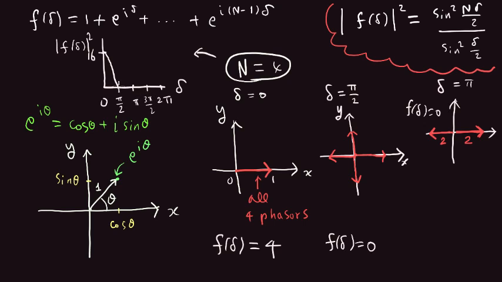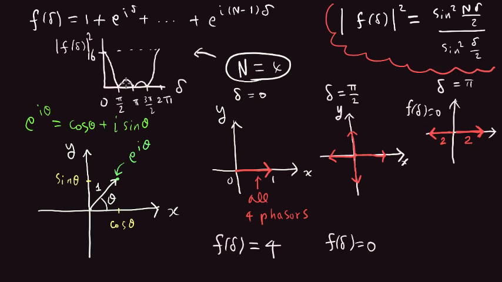So it's all 0. And then you get small blips here. And then it goes back to 16 when delta equals 2 pi, because angle 2 pi is equivalent to angle 0.